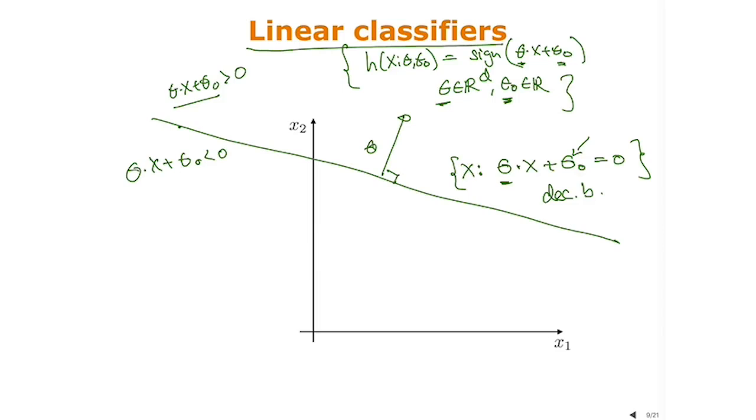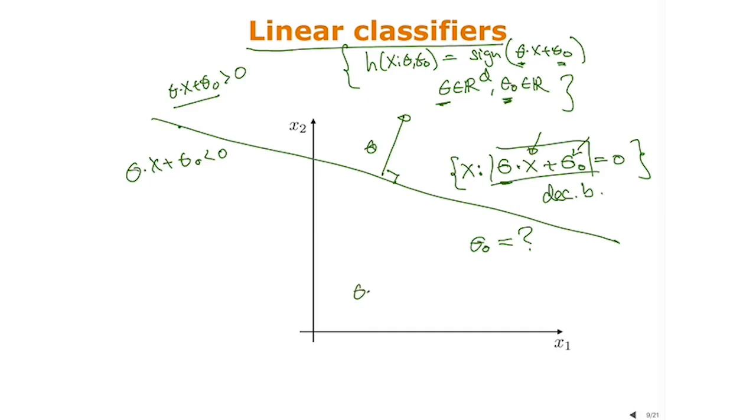All right, so to understand this a little bit more, let's look at whether in the figure that I drew, the theta naught scalar parameter here is positive or negative. So what is that value? We can just figure it out from this. If we take that linear function, we put the origin in place of x.